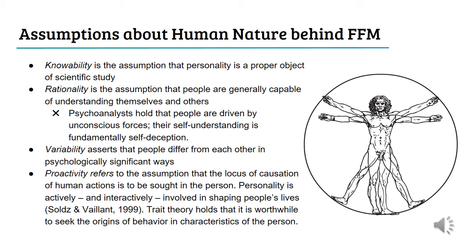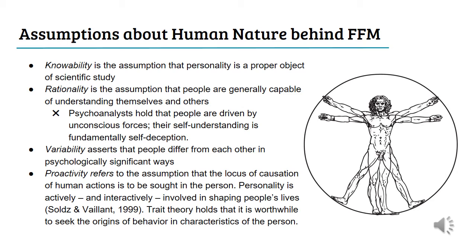Variability asserts that people differ from each other in psychologically significant ways. This sets trait theory apart from all those views of human nature, philosophical and psychological, that seek a single answer towards this question. Proactivity refers to the assumption that the locus of causation of human actions is to be sought in the person.